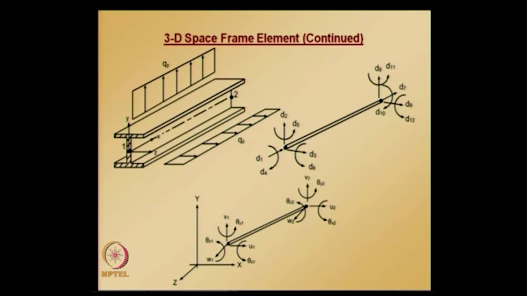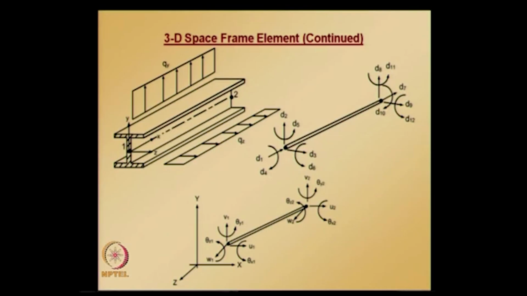What is the relationship between these two vectors? The local to global transformation matrix is developed by considering three components of displacements and rotations at each node as vector quantities. Here you have 12 quantities in the local coordinate system and 12 quantities in the global coordinate system.